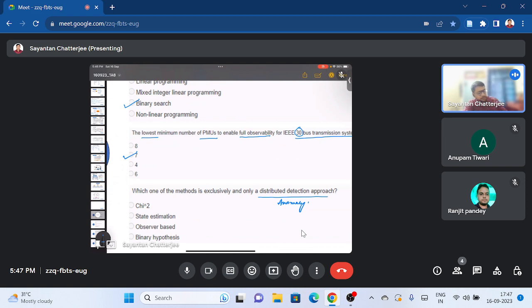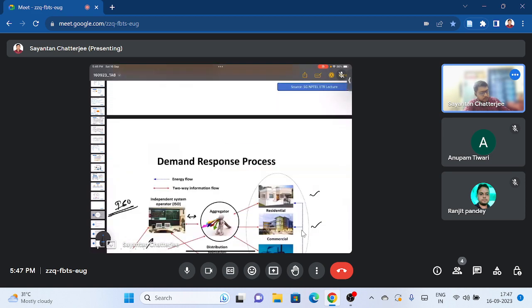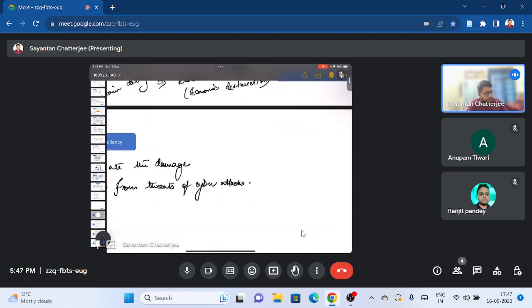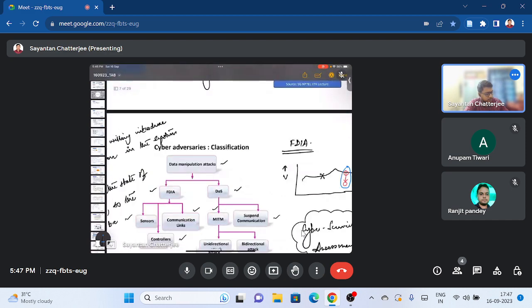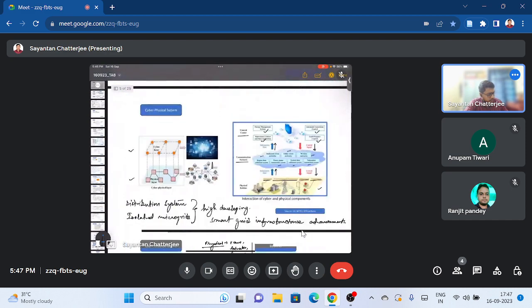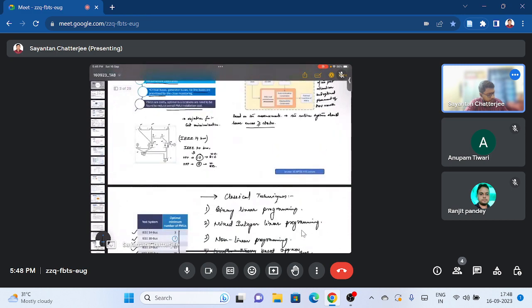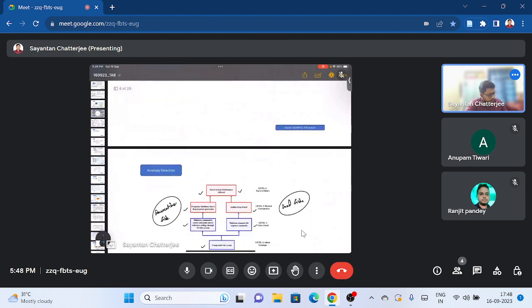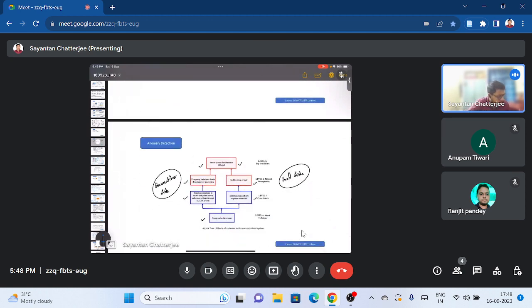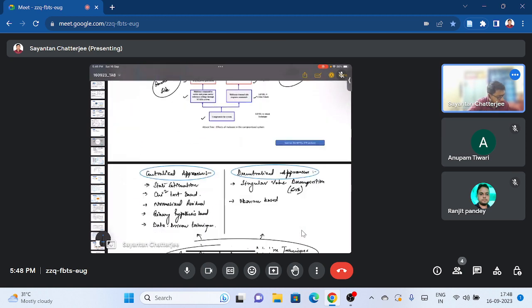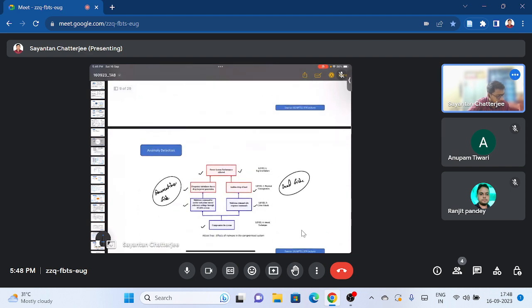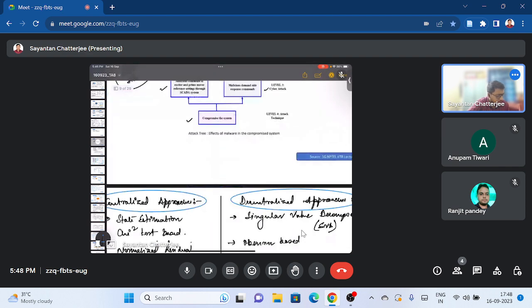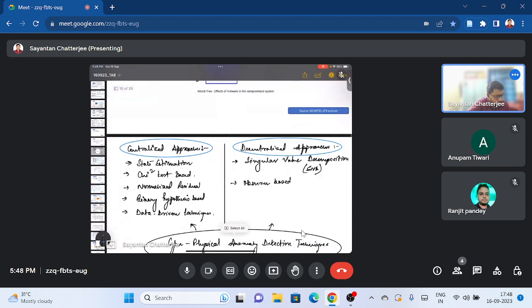Here, the distributed detection, I have discussed that. In the distributed detection, the anomaly detection strategies are as follows: for the centralized approach, we have state estimation, chi-square, normalized residual, binary hypothesis, data driven.